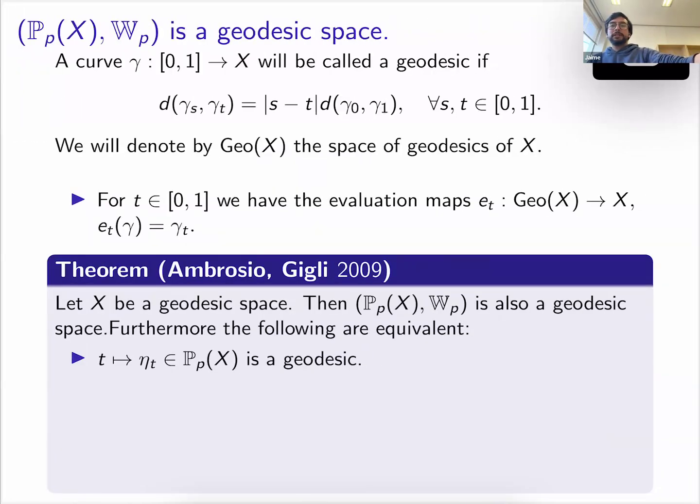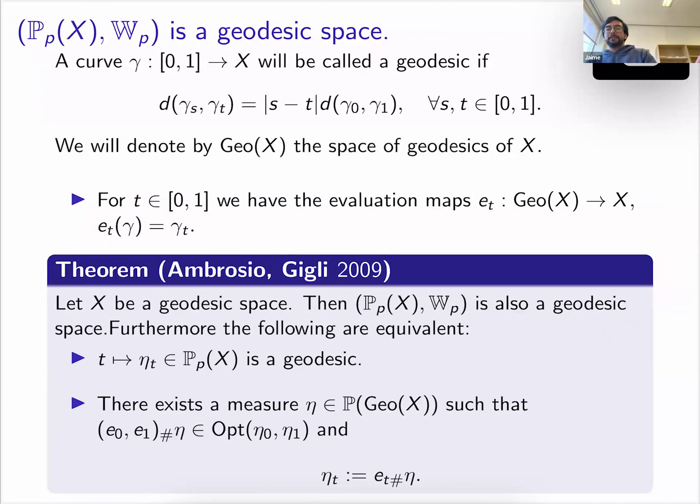And the first result of today is going to be that if X is a geodesic space, then the Wasserstein space is also geodesic. And the following are equivalent. A curve in the Wasserstein space is a geodesic if and only if there exists another measure, eta, which is now going to be supported on the geodesics, such that when I take the push forward with the endpoints, I recover an optimal transport plan, and the curve eta of t is just pushing forward eta with the evaluation maps.